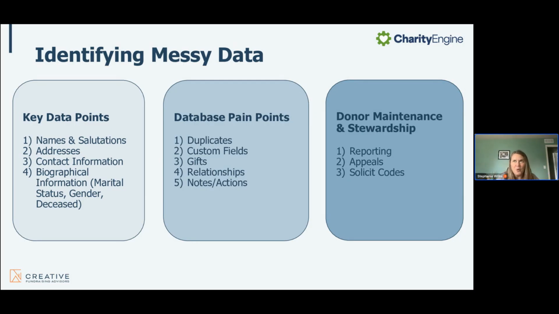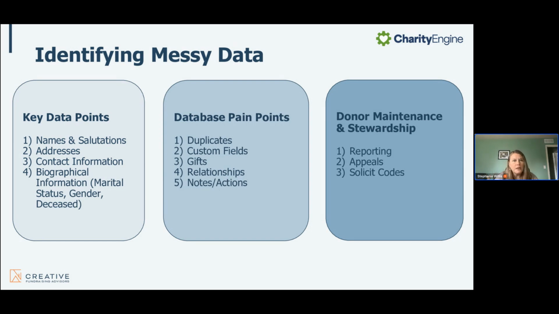Now, that's a whole rabbit hole of should we clean them or not that I won't touch, but gifts, in the case study, gifts was a pain point because they weren't coded accurately. Again, there was nothing wrong with the gift itself. It's just lined up with the others. You couldn't accurately pull results. And so relationships, that's a database pain point, and notes and actions.